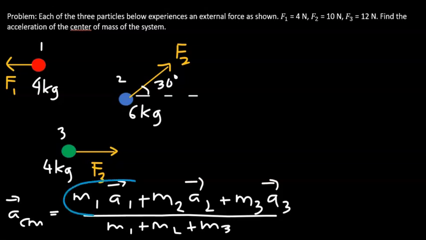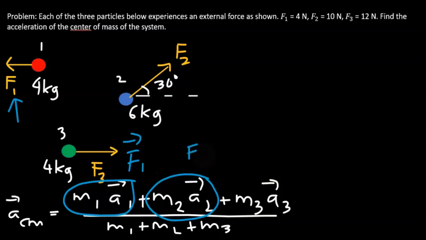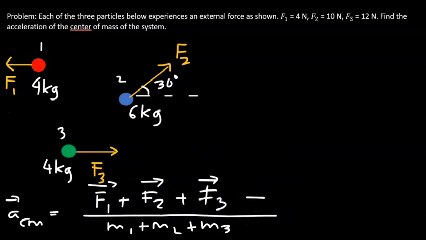However, m1 times a1 is just F1. m2 times a2 is quite simply F2. Likewise, m3 times a3 is just F3. So we have written these F's here. Now let's substitute the numbers.